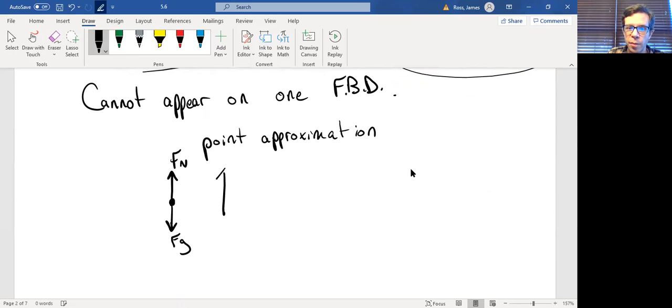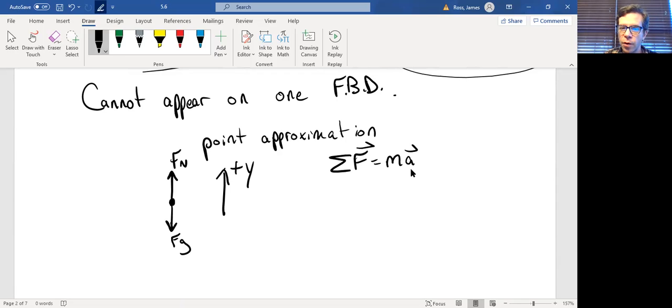In this case, it's one-dimensional, so I might say the plus y direction. And at the end of the last video, I said that we're going to use these free body diagrams to make our equations of motion using Newton's second law. So if we now apply Newton's second law, I've chosen my coordinate system.